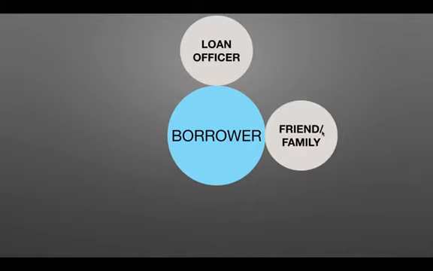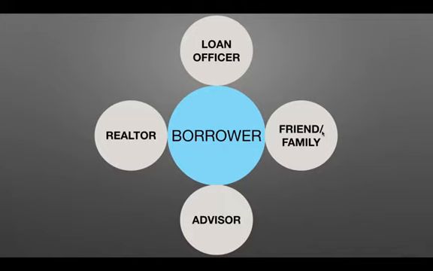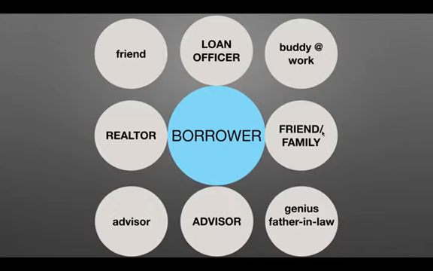So we all understand this concept that as a borrower, we have a loan officer. Every borrower has a friend or family member that's helping them make the decision. If they're buying a home, they have a realtor. Depending on how they manage their money, they may have different advisors. And everybody is surrounded by this network of folks that are helping them with their decision.